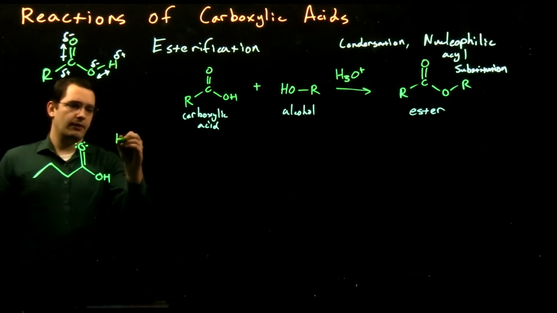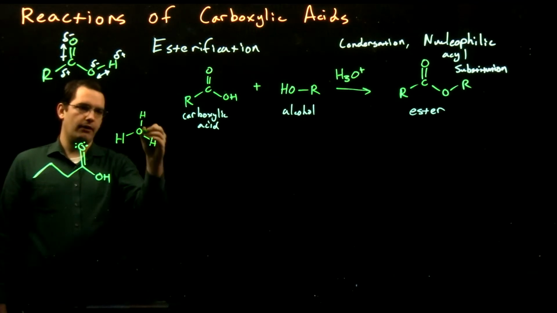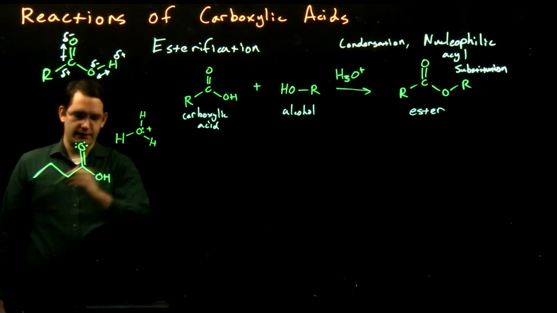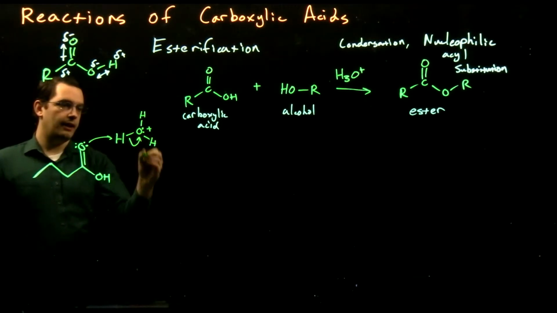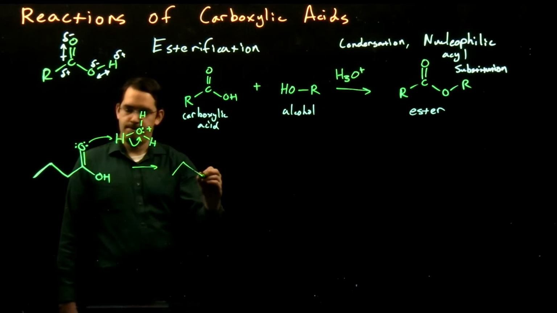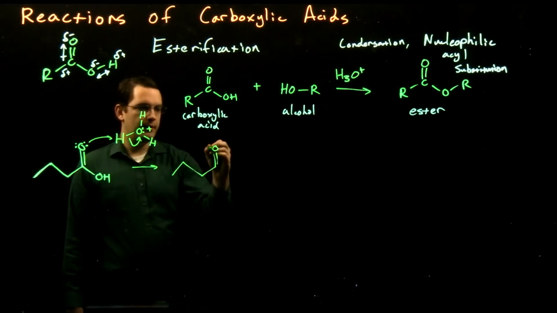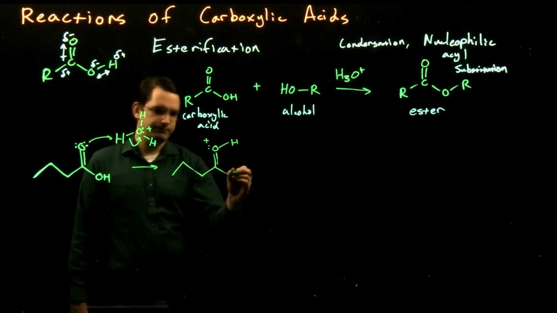So our first step is going to be protonation of our strongest nucleophile here, right, our carbonyl oxygen. So we're going to come in and take a proton from our acid catalyst, and now we get our protonated carbonyl.